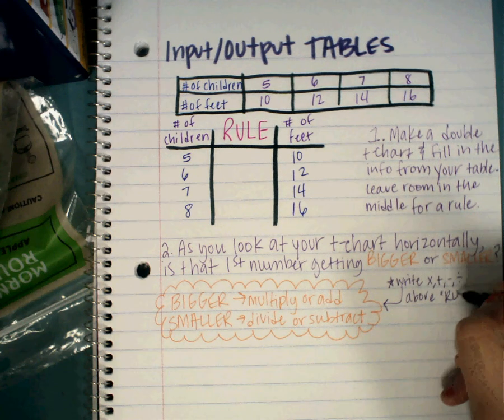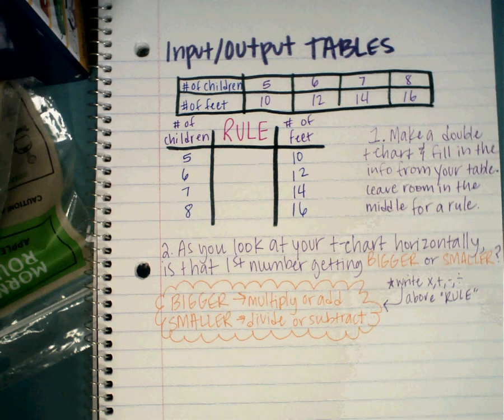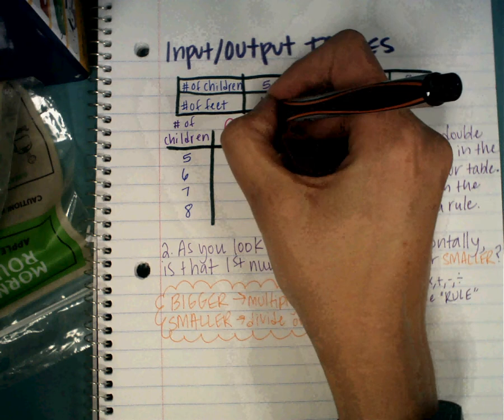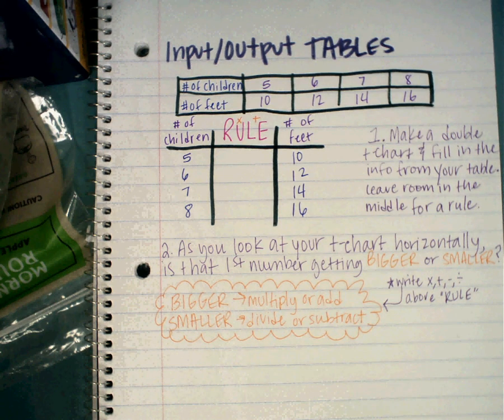Okay, so in this case, because we're getting bigger, we're going to write that we're multiplying or adding, right? So right up here, I'm going to put x or plus, because I'm multiplying or adding.